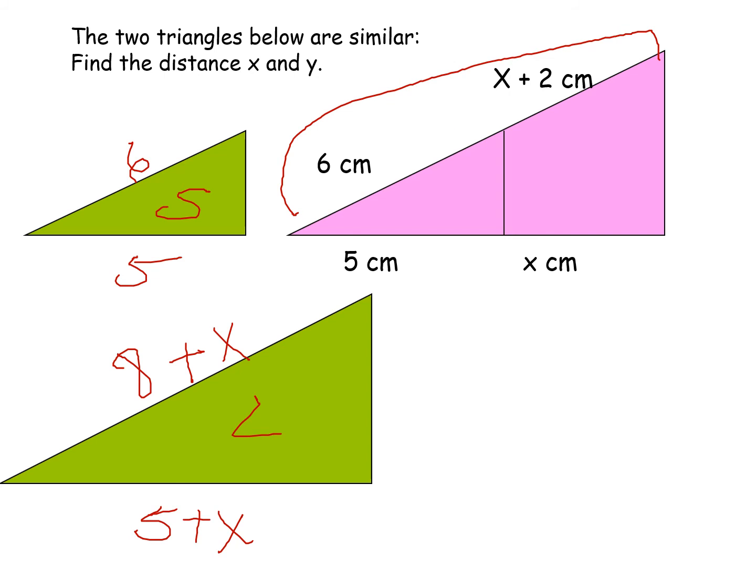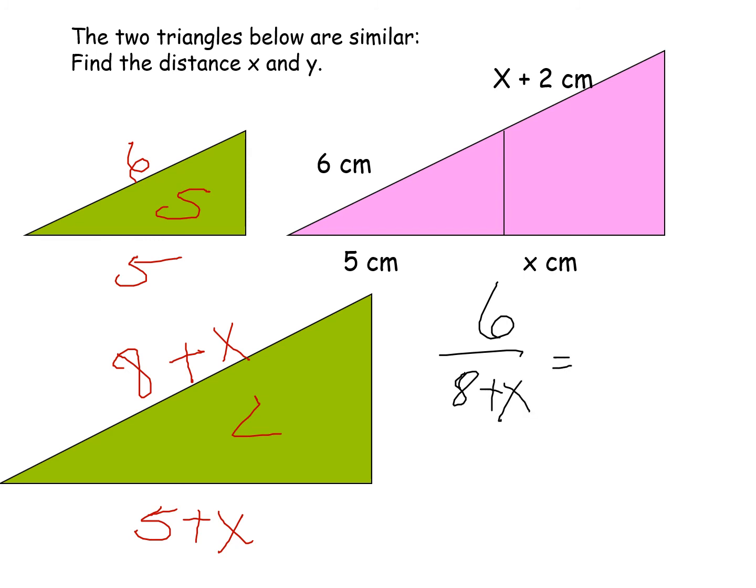So, what do we do to work it? Set it up small and large. 6 from the small goes with 8 plus x from the large, equal to 5 from the small goes with 5 plus x from the large. Remember, adding or subtracting in a fraction makes that bottom number a group because it's got adding.